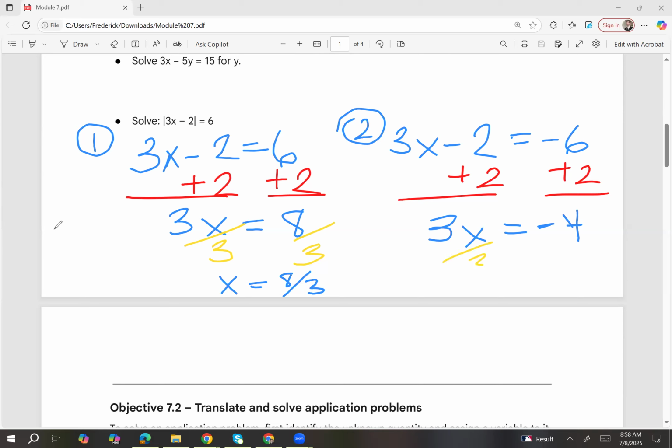And then divide 3 on both sides. That will get us an x term by itself on the left, and we have negative 4 over 3 on the right. So all together, our solutions are negative 4/3 and 8/3.